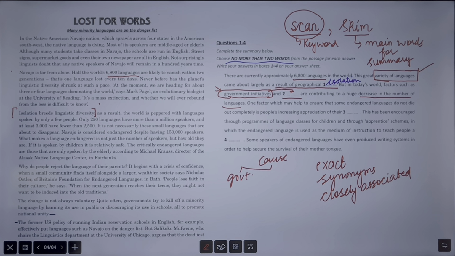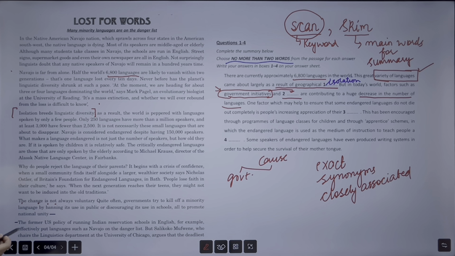So I definitely see something, and that is: the change is not always voluntary. Quite often, governments try to kill off a minority language by banning its use in public or discouraging its use in schools, all to promote national unity.